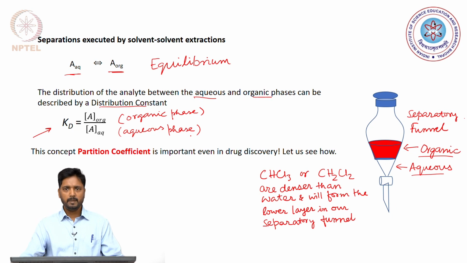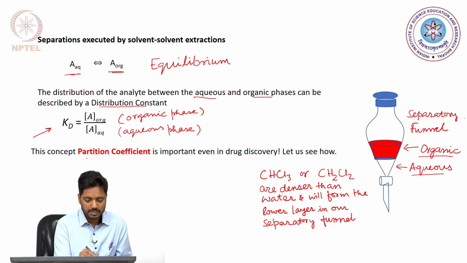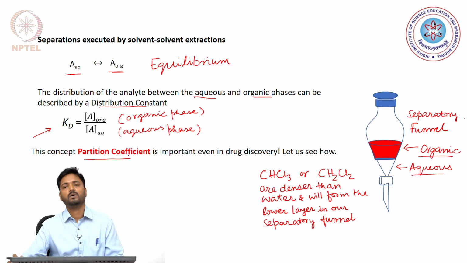So, what people have realized is that this distribution constant, or what is also known as the partition coefficient, is also of high relevance in drug design or drug discovery, and in the next slide we will be seeing how the concept of partition coefficient is applied in the pharmaceutics.